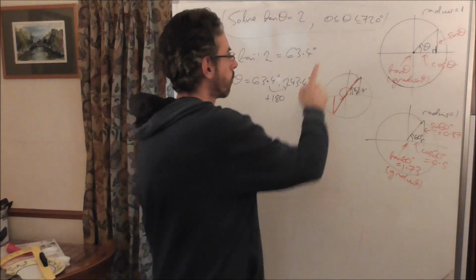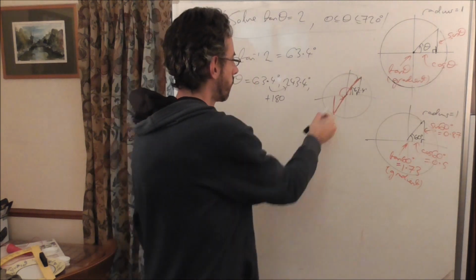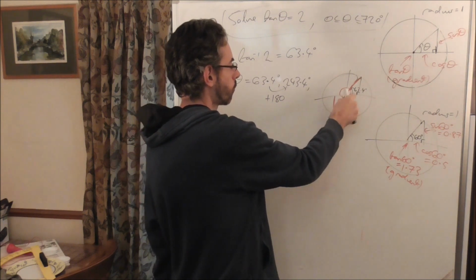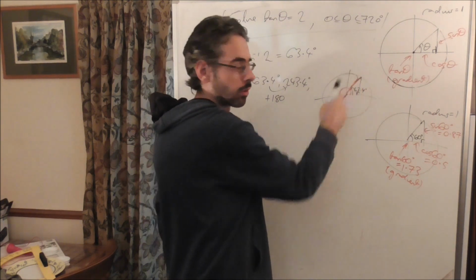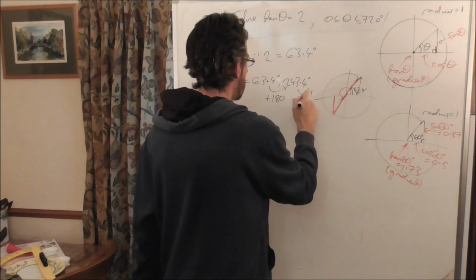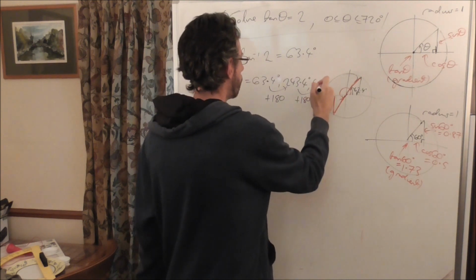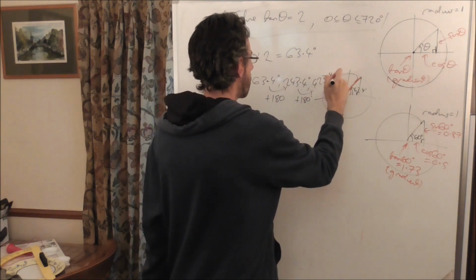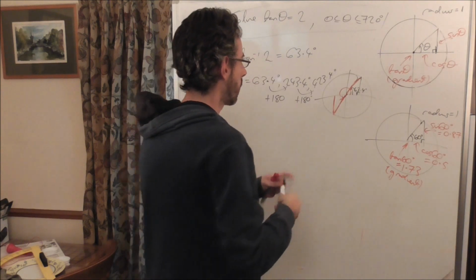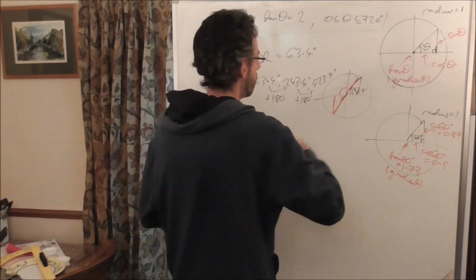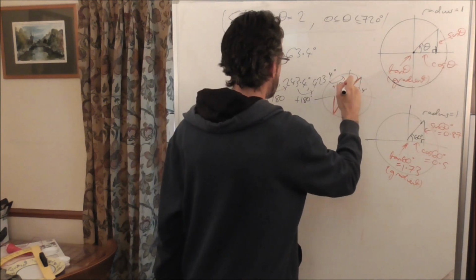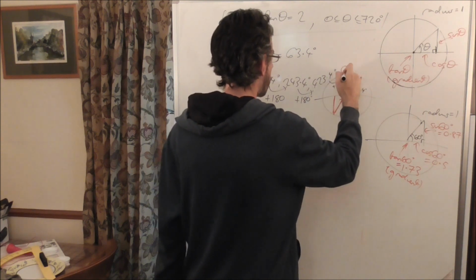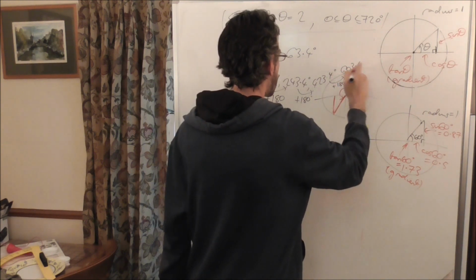Now notice the range goes all the way up to 720. So from 243.4, I can just add 180 again and get back to the original line. That'll be another solution, which will be 423.4. And then I can add 180 to that again, and that'll be 603.4.